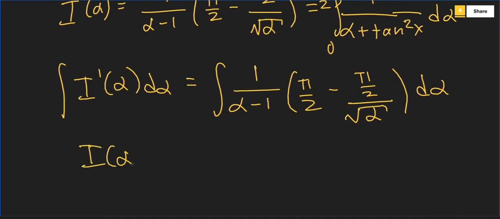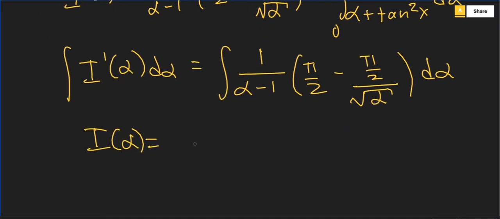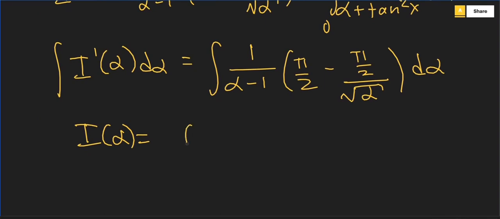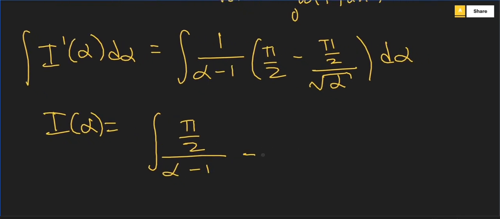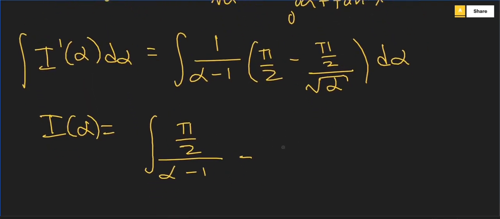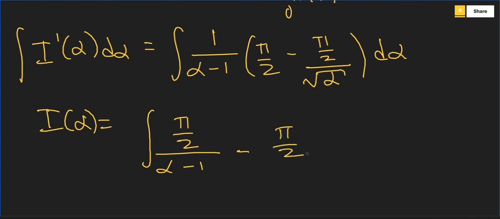So this is going to be I of alpha, and this will be the integral of pi by 2 by alpha minus 1 minus pi by 2 by root alpha, then alpha minus 1.